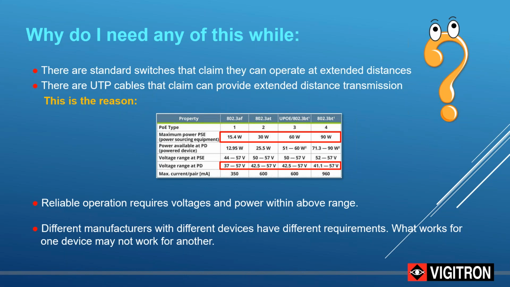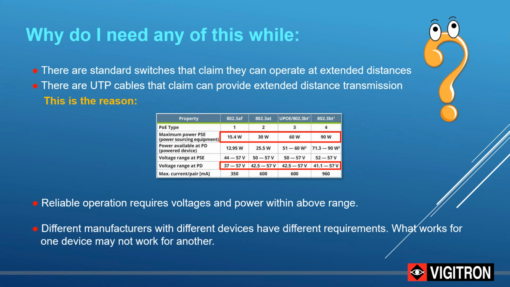In the previous 3 seminars, and in this one, we've stressed that in order to have reliable operation, the standards involved in the performance of bandwidth transmission and PoE transmission that were developed under the IEEE standards must be maintained.